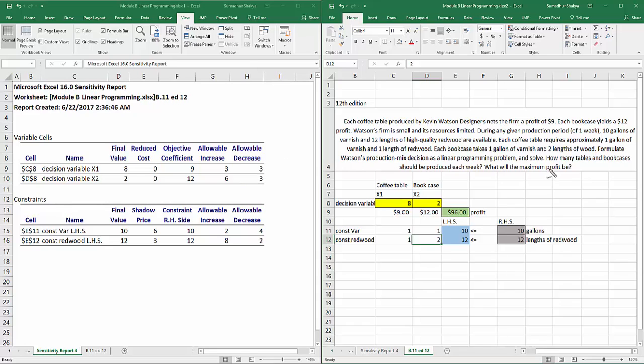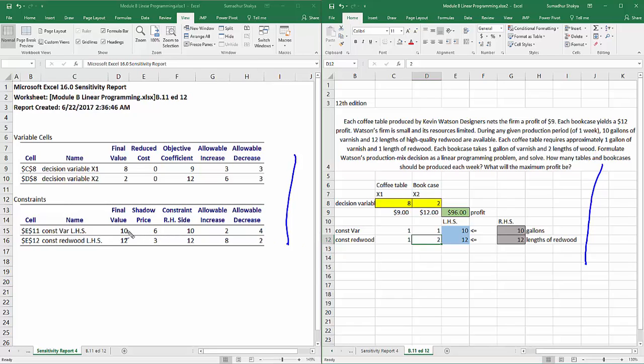On this end I have the problem, on this end I have the sensitivity report. Now we had a constraint of 10, we have a constraint of 10, and the way it takes the naming for this is the first alphabet to the left of any variable and the first alphabet to the top. So that's how it names this constraint varnish left hand side. So that is why following a pattern helps us.